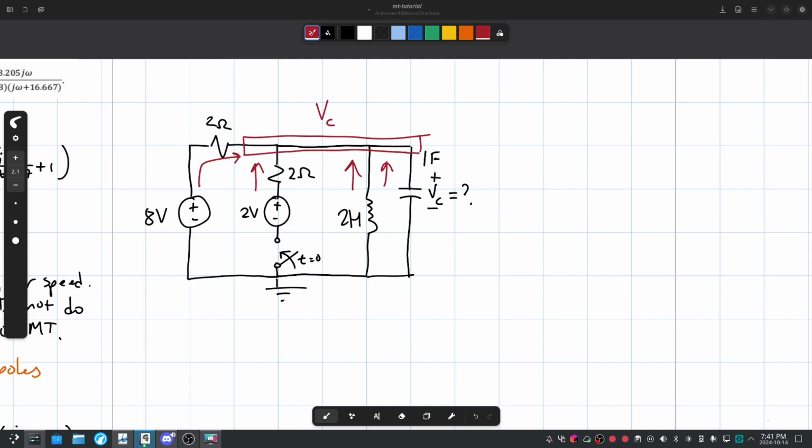Why not? So, one second. Wait, can I do that? Let me see. Yeah. Wait. Just making sure. So do like this. So you're going to get 8 volts.